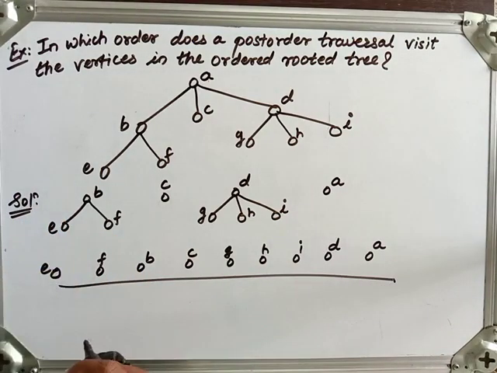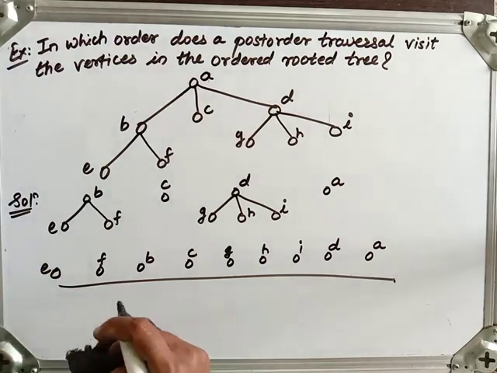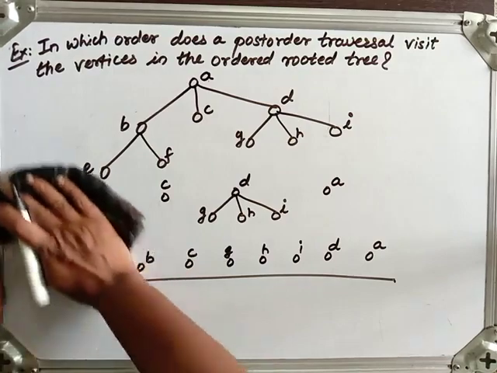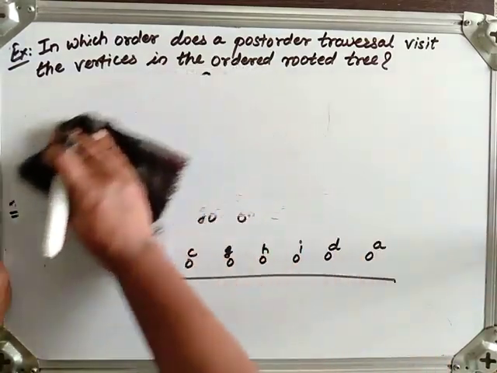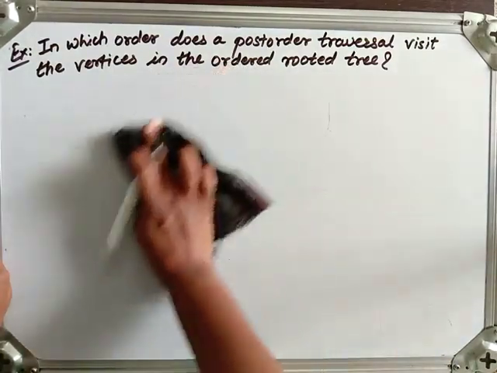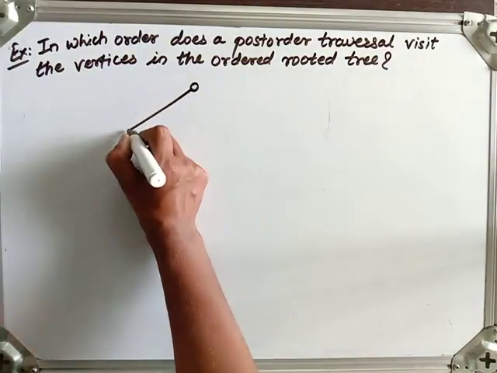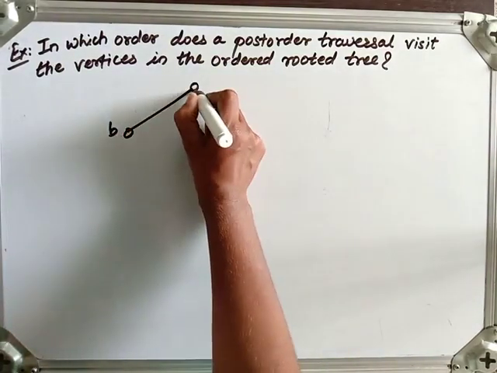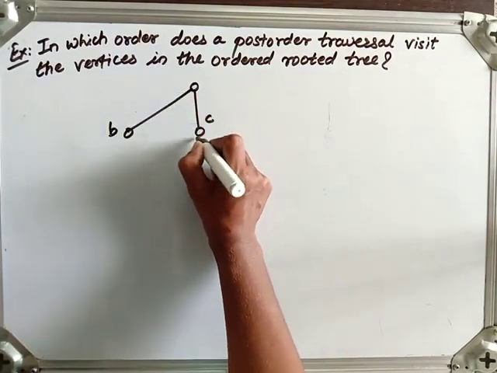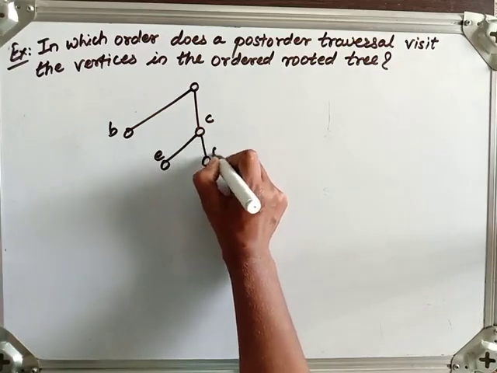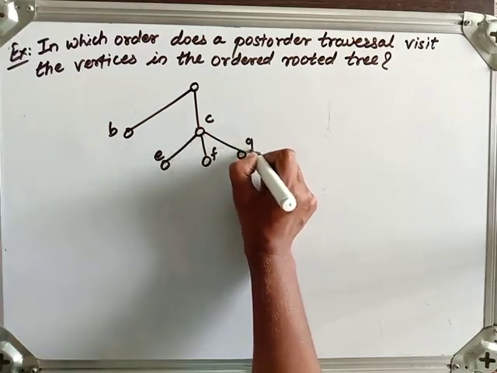Now let's take the next example. Now in that example I won't write step by step, I will just explain to you. It is slightly a bigger tree. If I write step by step, I don't have a space to write those things here.